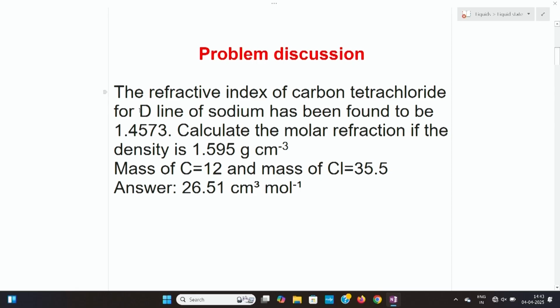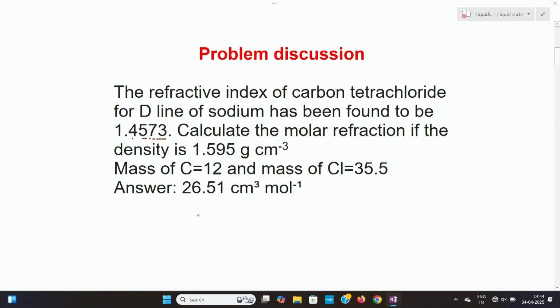The problem is that the refractive index of carbon tetrachloride for the D line of spectrum has been found to be 1.4573. Calculate the molar refraction if the density is 1.595 gram per centimeter cube.